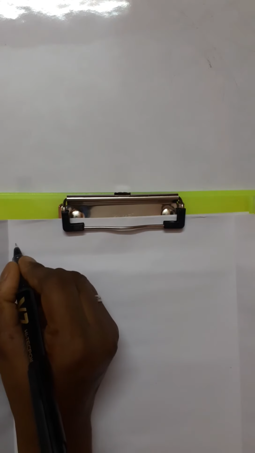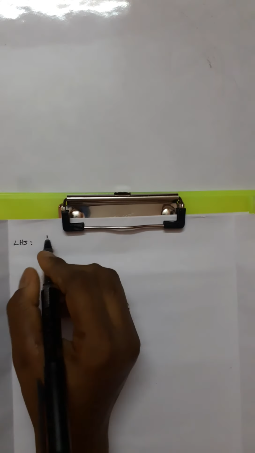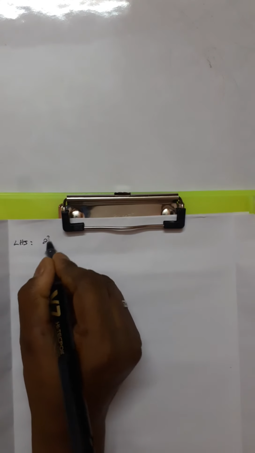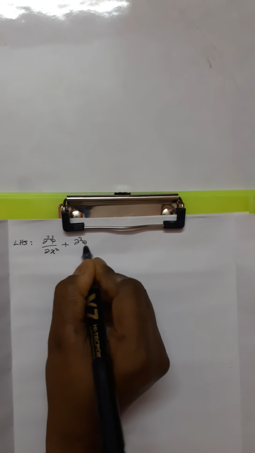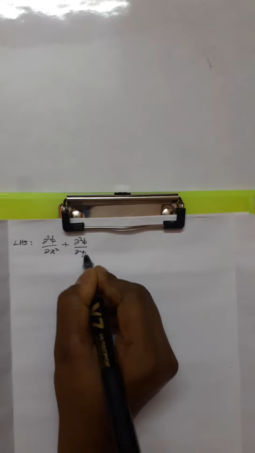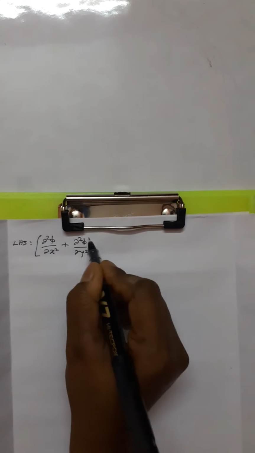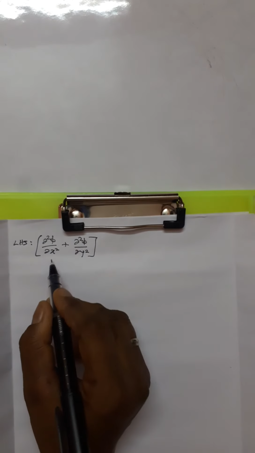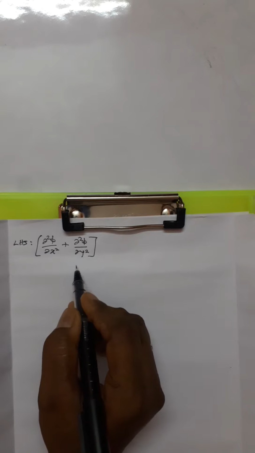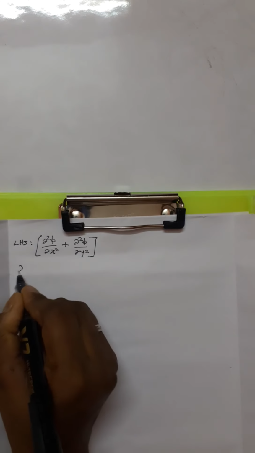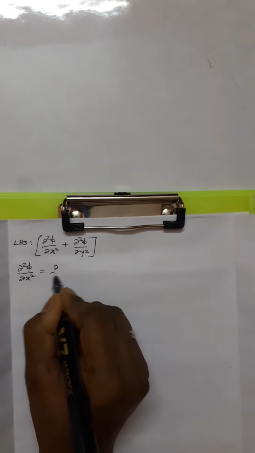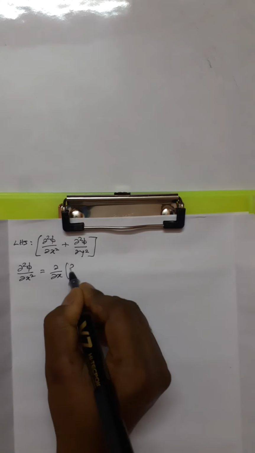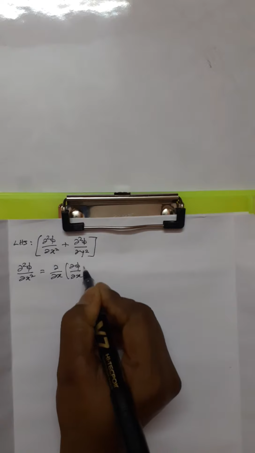Now LHS is dou square phi by dou x square plus dou square phi by dou y square. So in this we need the values of dou square phi by dou x square and dou square phi by dou y square. So dou square phi by dou x square is nothing but dou by dou x of dou phi by dou x.